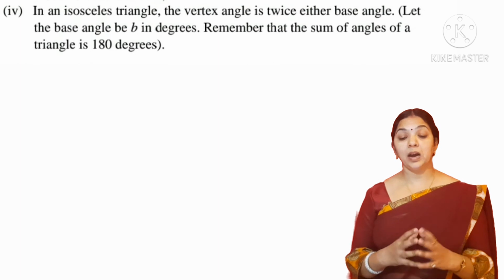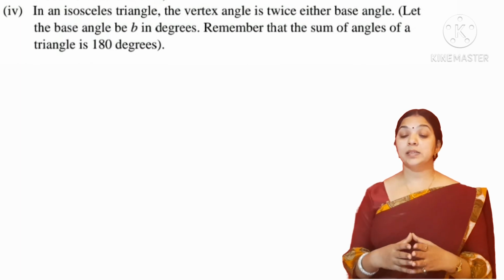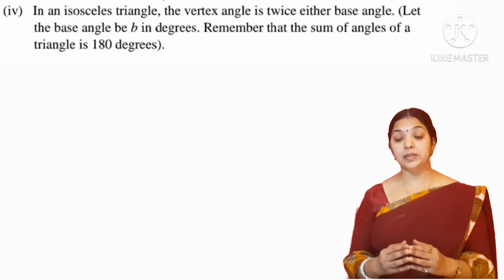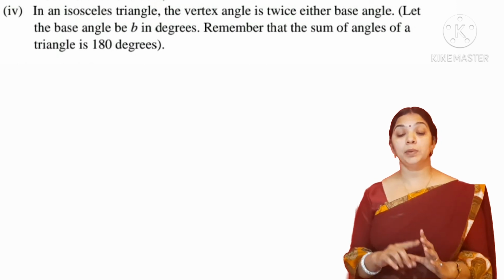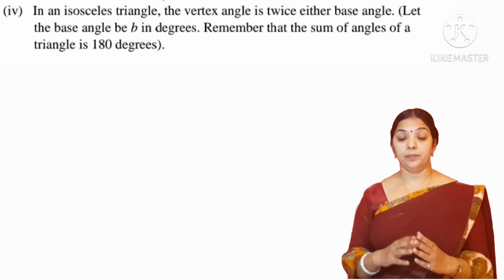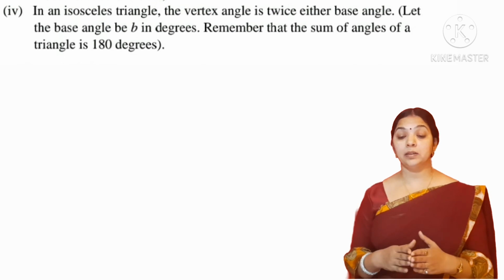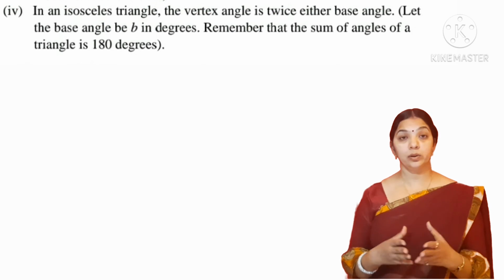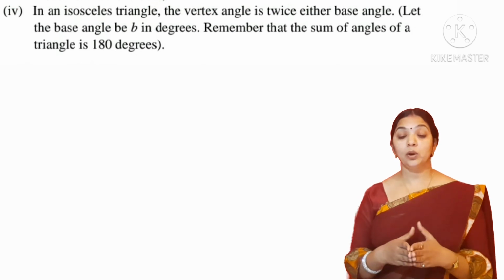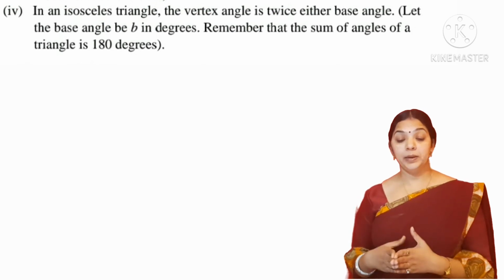Next one is, in an isosceles triangle, the vertex angle is twice either base angle. So what you have to do? Let the base angle be B degrees. Remember that the sum of the angles of a triangle is 180 degrees. So this is the condition you already know, and you have to take the base angle as B degrees.